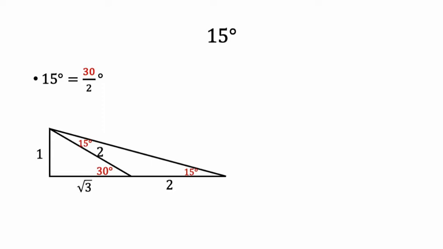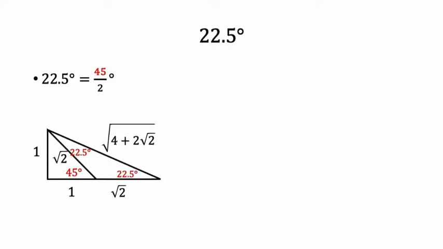We'll now label the lengths that we already know and can derive from the 30 and 60 degrees triangle. And this is how we get the other length, which is the square root of 2 plus the square root of 6. We can use the same way to get the ratio for 22.5 degrees.